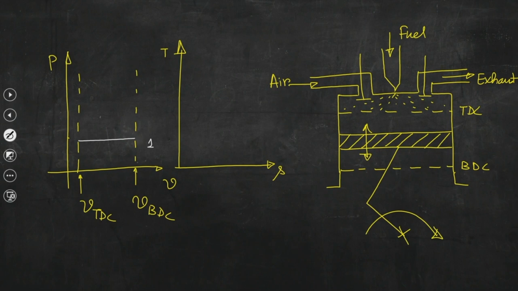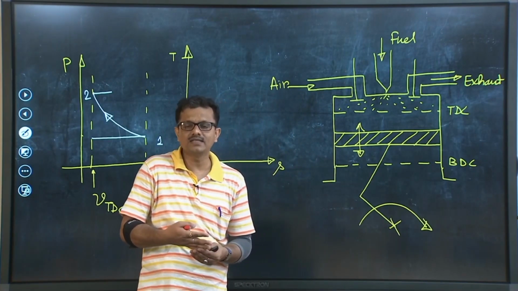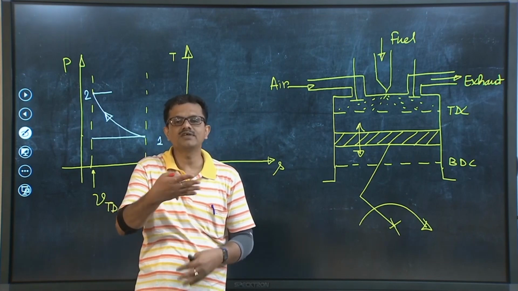So this is 1 to 2, and then 2 to 3. When the piston is at BTDC, combustion will start, but it will last until the piston has started travelling from TDC to BDC, and the pressure remains constant, accounting for the rise in pressure during both the first and last phases of combustion.